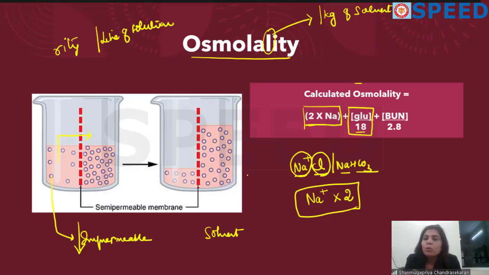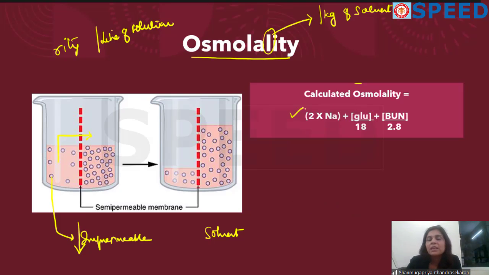But this formula is not wholesome. It's not a complete formula. The reason is you have just assumed that sodium, the corresponding anions, glucose and blood urea nitrogen are osmotically active. What if some other solutes have been added to the circulation which are causing osmotic movements?